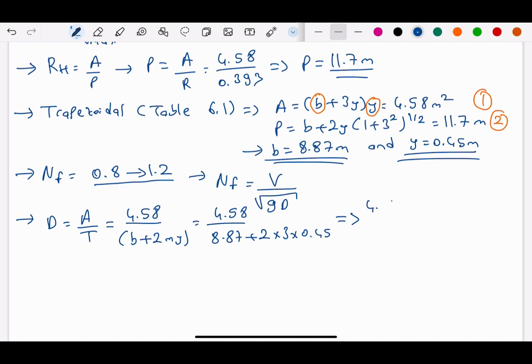And this gives 4.58 over 11.6, which is 0.395.